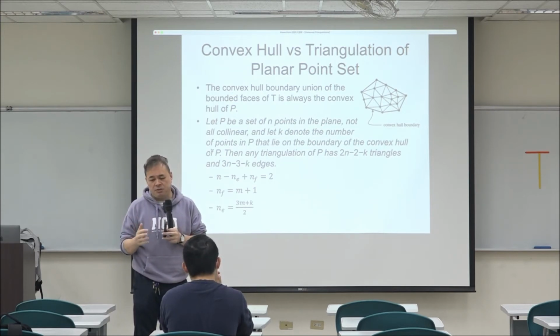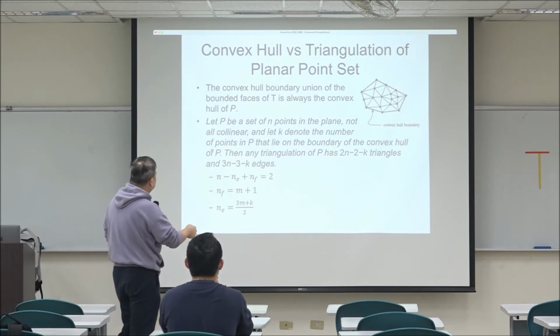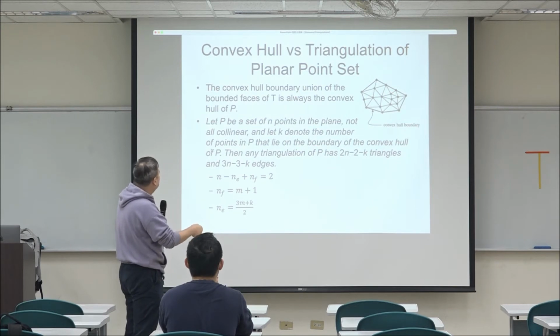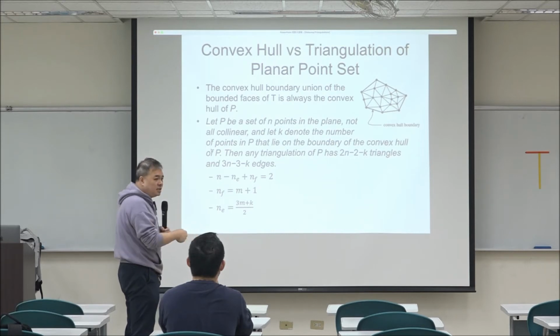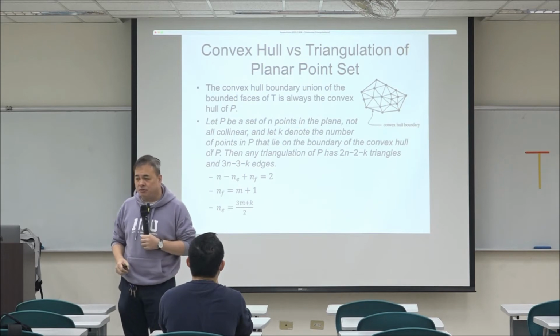So there are a lot of connections between these three important computational geometry questions. Here you can see the boundary of the union of these triangulations will form a convex hull. Again, this should be very obvious to you.